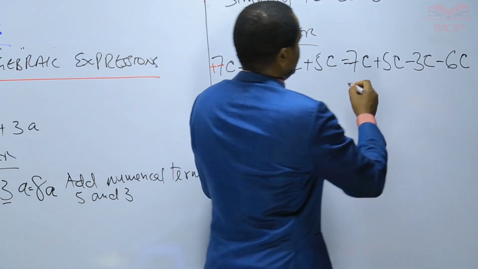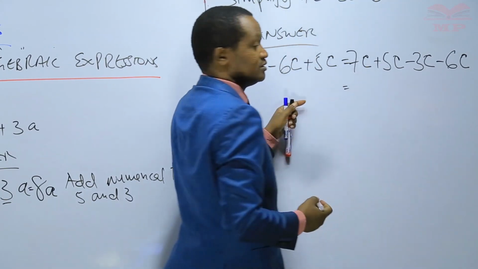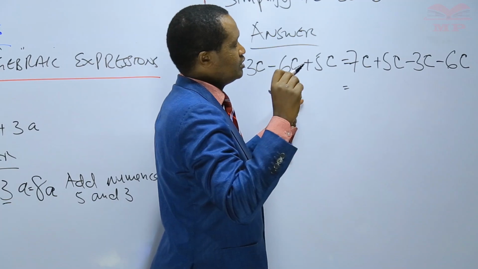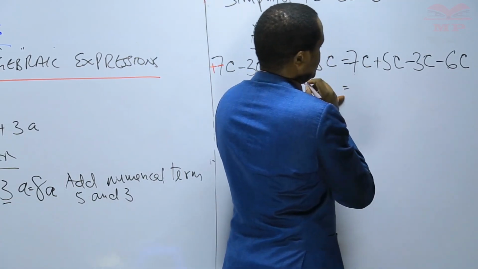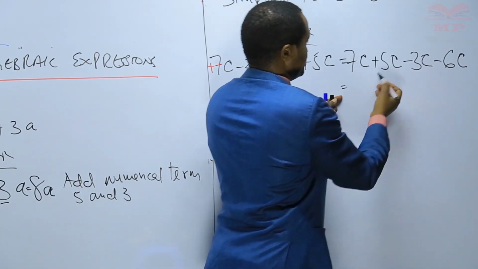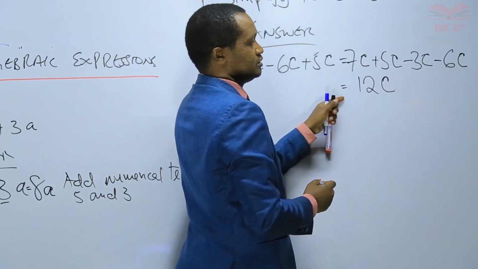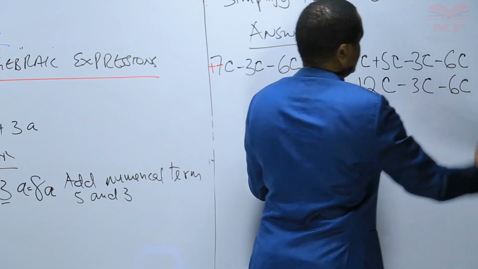So 7c plus 5c, we add the numerical terms. So that will be 7 plus 5 is equal to 12c, minus 3c, minus 6c.